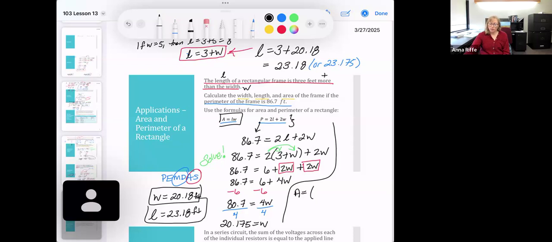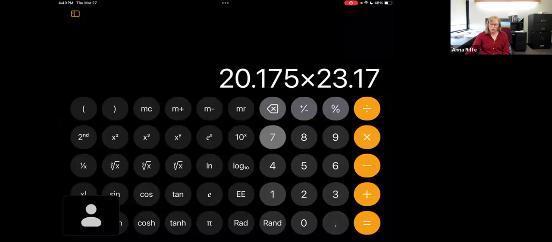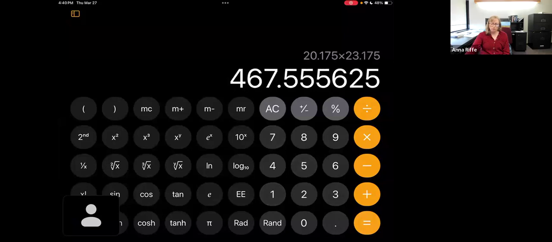So I'm going to multiply 20.175 times 23.175. I multiply those together. I am going to get 467.56, it appears.